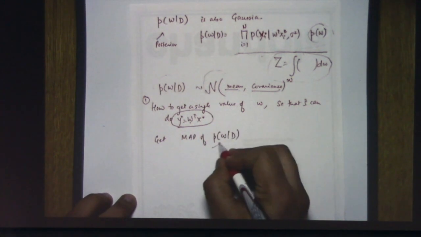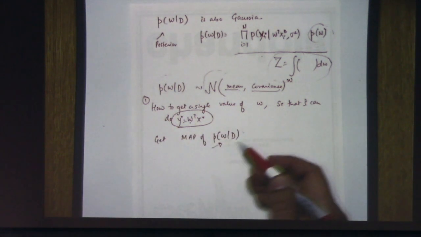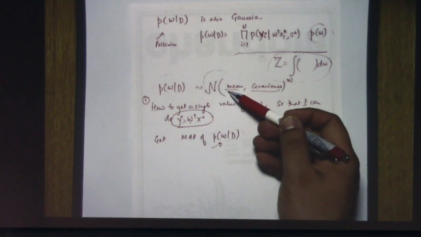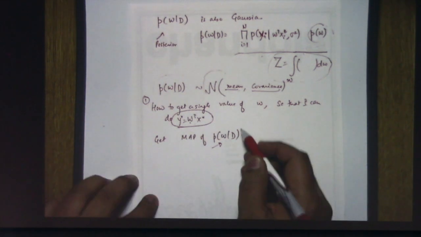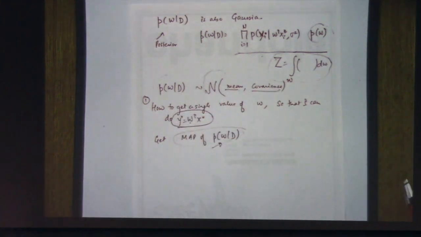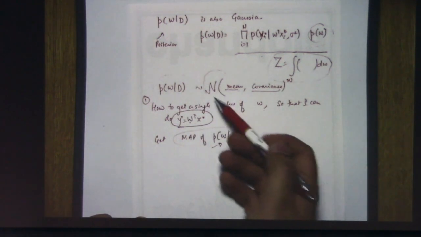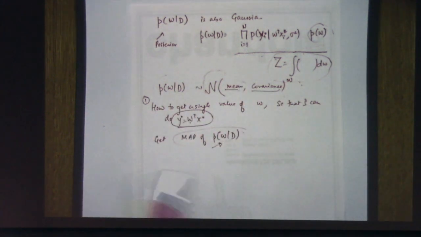Now since W is a Gaussian, this MAP will be nothing but the mode of this distribution. But that is just a property of a Gaussian distribution. For other distributions, it could be something else. So in general, you need to maximize the posterior and get the value. For a Gaussian distribution, if you maximize it, it will be the same as the mean, because in a Gaussian, the mean, the mode, the expected value, and the MAP are all the same.